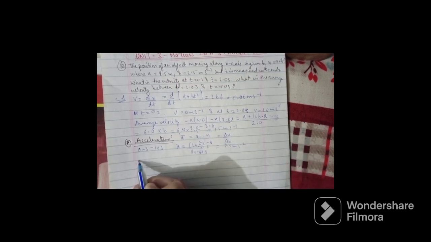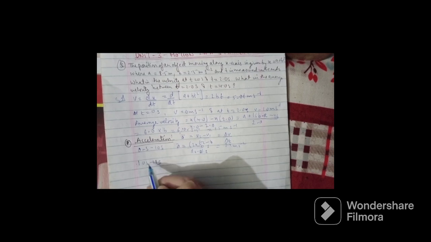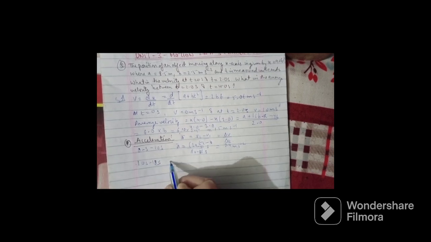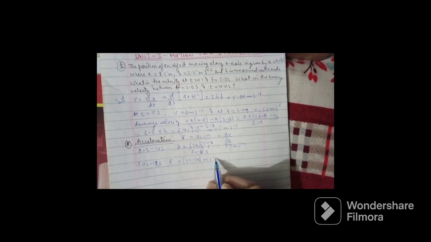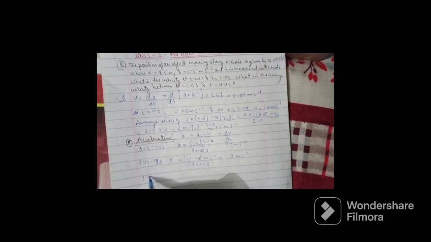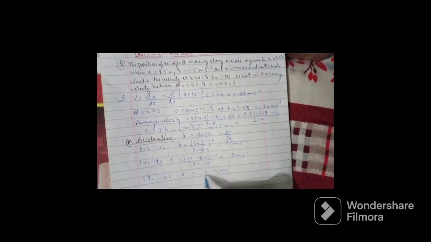For 10 second to 18 second, it will be 24 minus 24 meter per second upon 18 minus 10 seconds, which equals 0. For 18 second to 20 second, a-bar equals 0 minus 24 meter per second upon 20 minus 18 seconds, equals minus 12 meter per second squared.